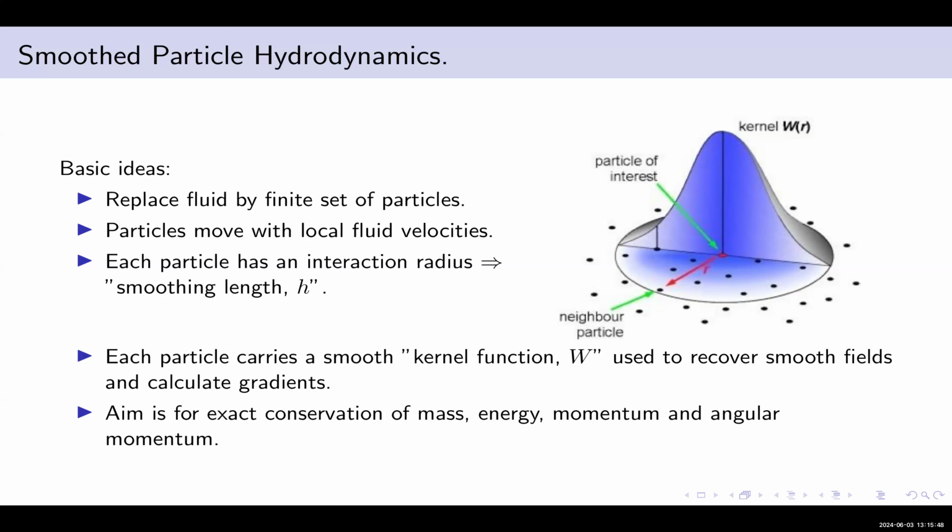So essentially, this picture shows that you give more weight to particles that are close to the particle you're interested in, and then eventually you don't actually see the remaining particles. So this smoothing kernel function is used to recover the smooth variables like density and so on, and also to calculate gradients.